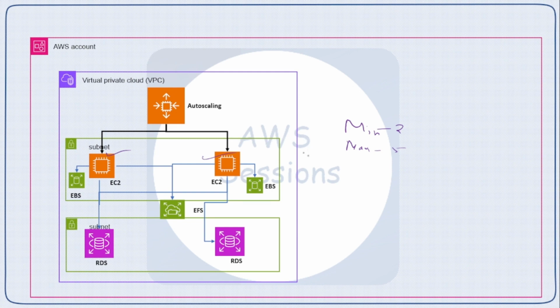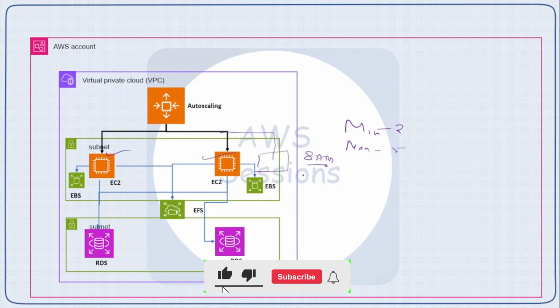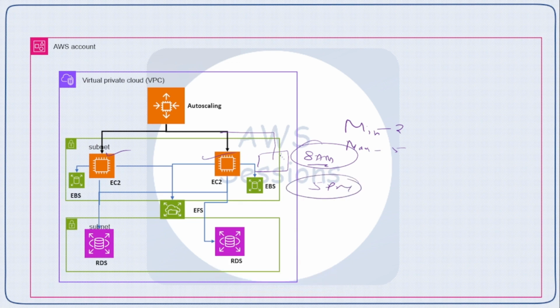Let's say at 8 a.m. the scaling should happen and we should have a few more instances. So it will create one more instance. And let's say the schedule ends at 5 p.m. After 5 p.m. it will remove this.